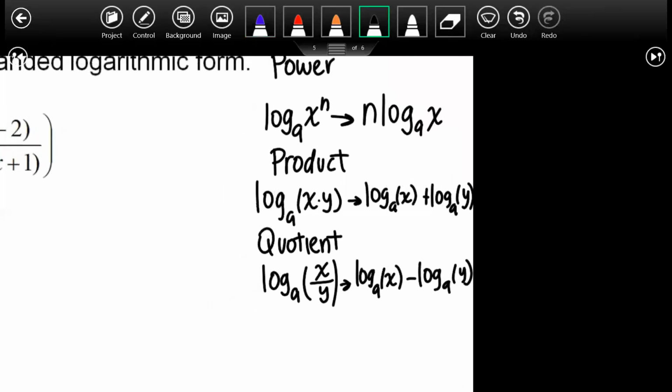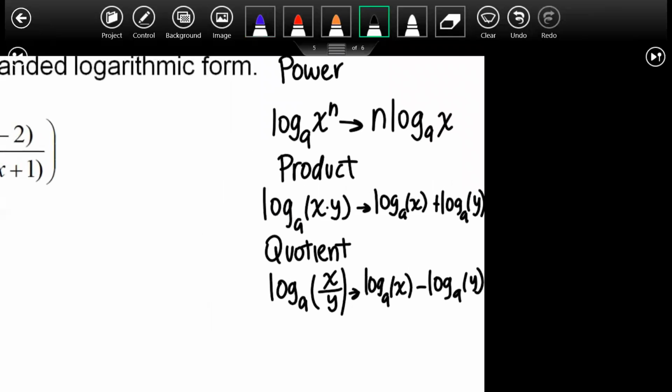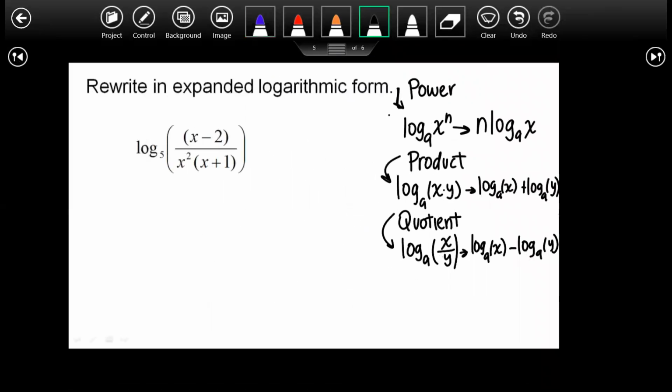Okay, those are there for you guys. Power, product, quotient. It's going to tell you expand or condense, so it will tell you which way you're going to go. So I'm asking you to not write them as a term of product, quotients or powers.